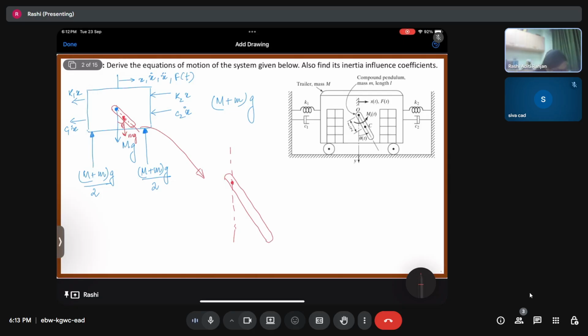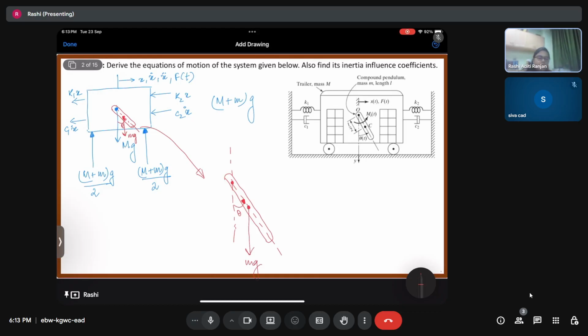This is theta. Firstly, it has a mass located at the center of mass, which gives mg.